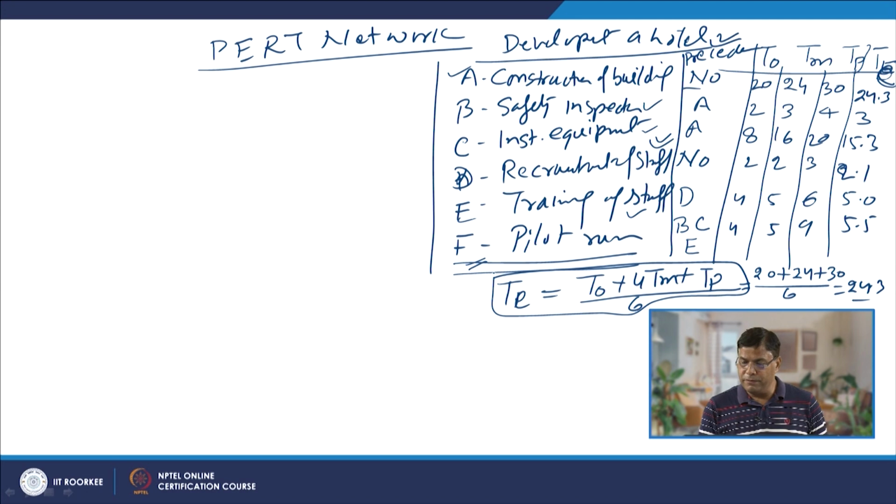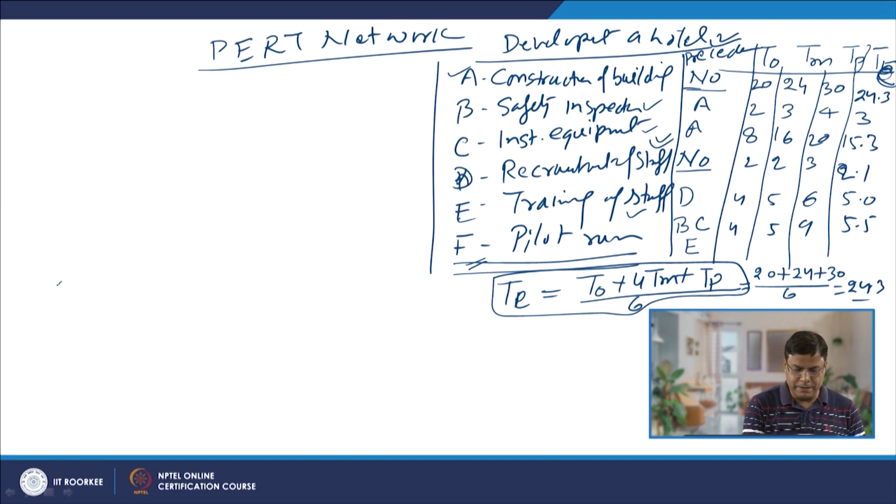And once we have got these time values, now we have to develop a suitable network diagram considering these precedence relationships. If we see, there is no precedence requirement for activity A and activity D. So, both can be started in parallel.